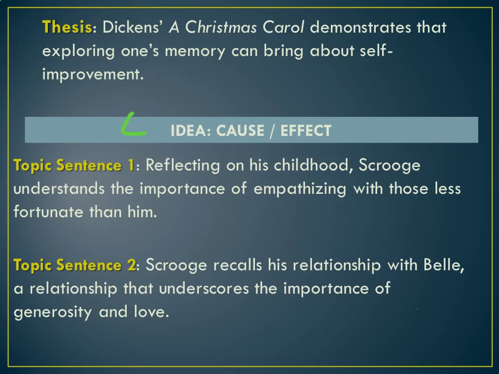So a fourth option for how you can organize according to idea, and this is our sixth option total, is you can organize according to cause-effect. So if you're wanting to write a cause-effect essay, if you're wanting to say that A causes B, then this is how you could go about executing this kind of analysis or this kind of argument.